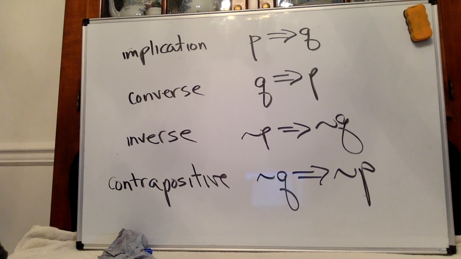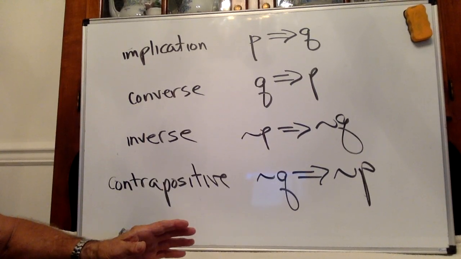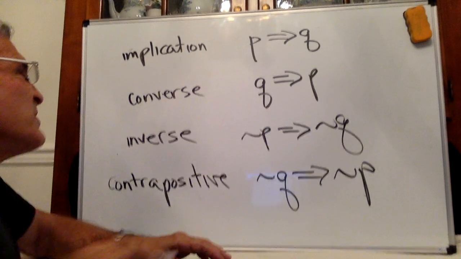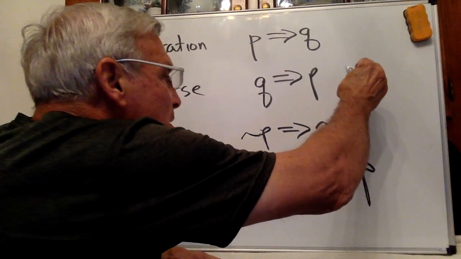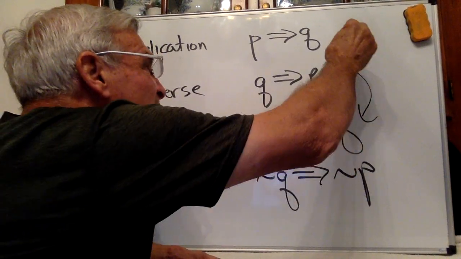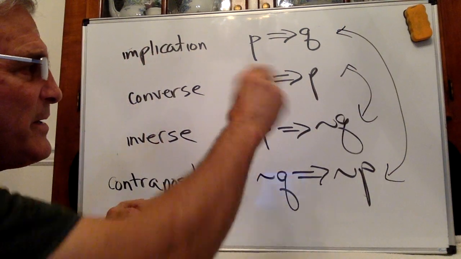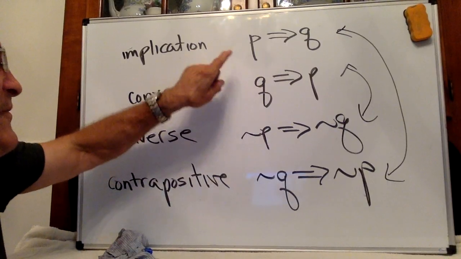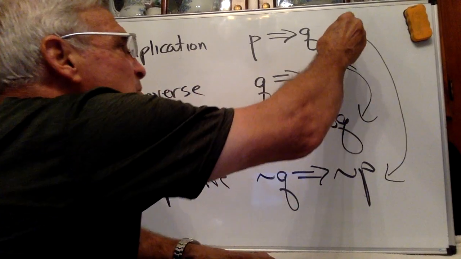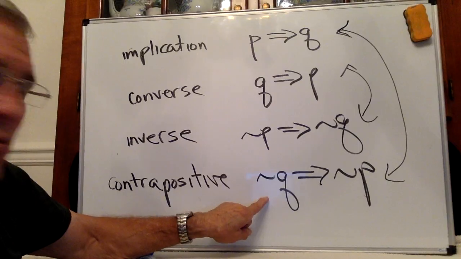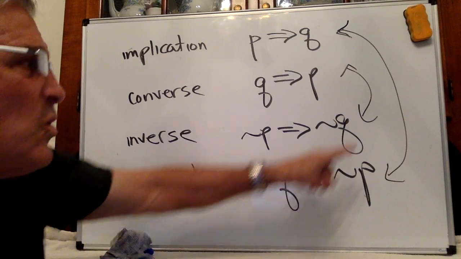Now again, depending upon the statement that you work with, well, let me just give this to you. What these mean is the following. If my original statement is true, the contrapositive will also always be true.